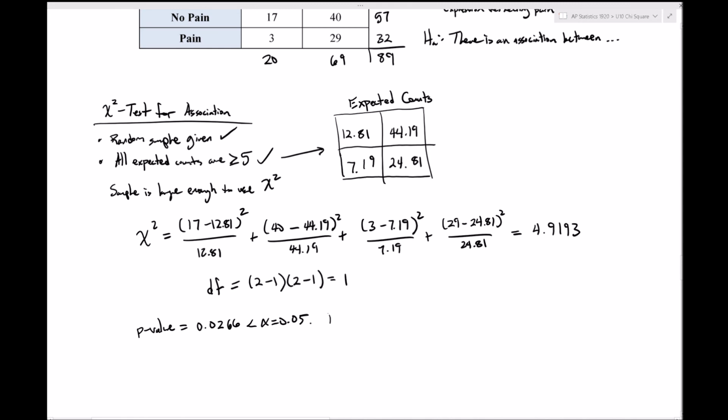So because, so I don't need to write that. So I can be kind of general. We reject. So I can also write this with an arrow pointing to that. Because of that, we reject the null hypothesis.